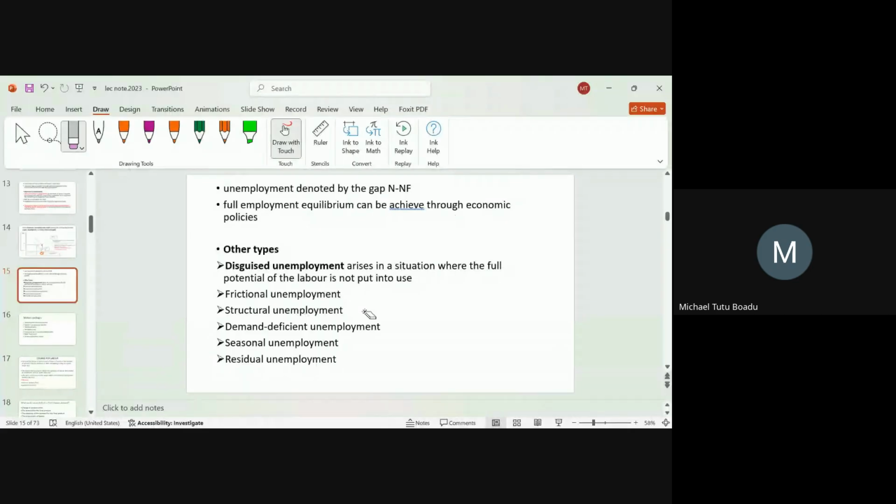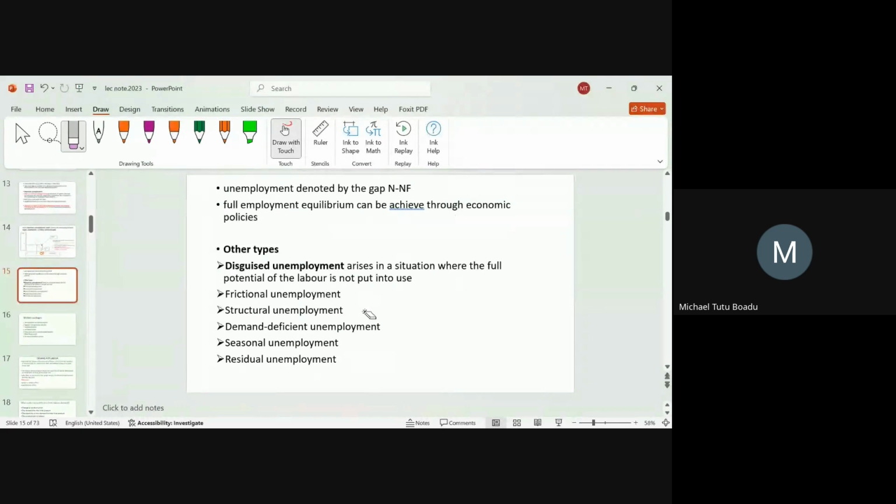We know that frictional unemployment only occurs because there is a gap between the person looking for the job and the person looking for the employee. So the period within which the employee and the employer are looking for each other, that missing period, is a frictional period.